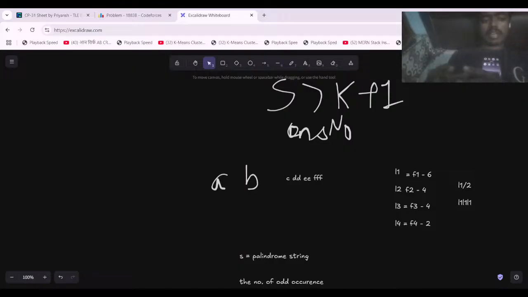So what will happen, I will say that okay, place L5, and now of course there are the other letters over there.